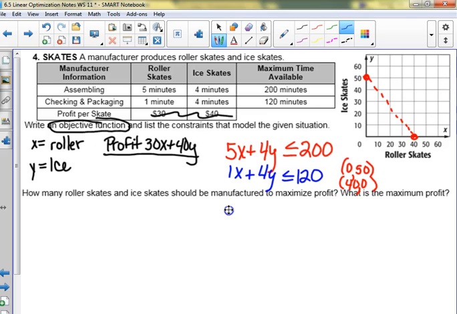Okay. Where are the intercepts for that one? If x is 0, y would be 30. And if y was 0, it would say 120, which doesn't fit. That's not so helpful. Over 0 and up 30.